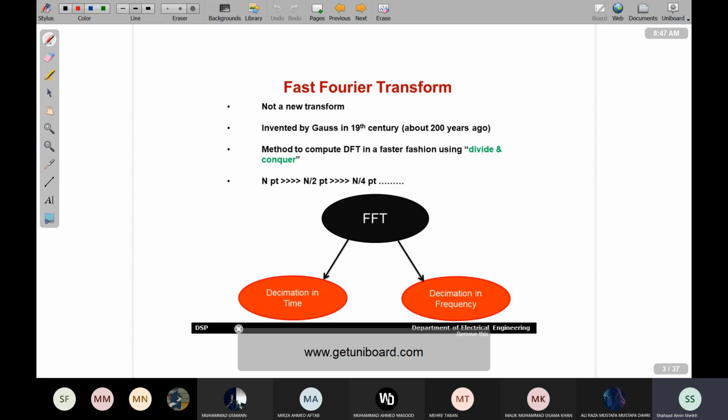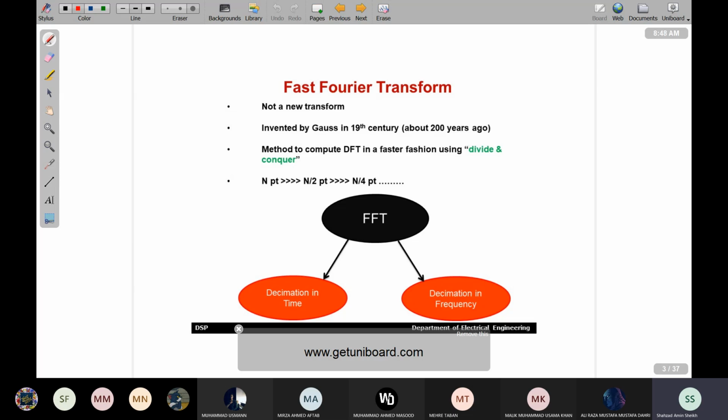And it was invented initially by Gauss in the 19th century, but it was the computational restraints which didn't allow Gauss to use that fast Fourier transform algorithm at that time. But in the 1960s, Cooley and Tukey, in fact, rediscovered the algorithm and computed this DFT in a faster fashion. And the main idea behind this algorithm is divide and conquer.